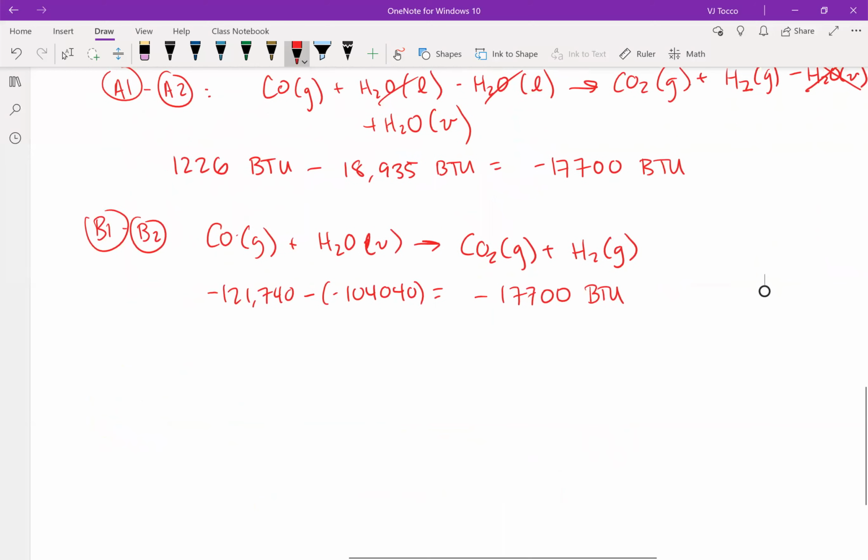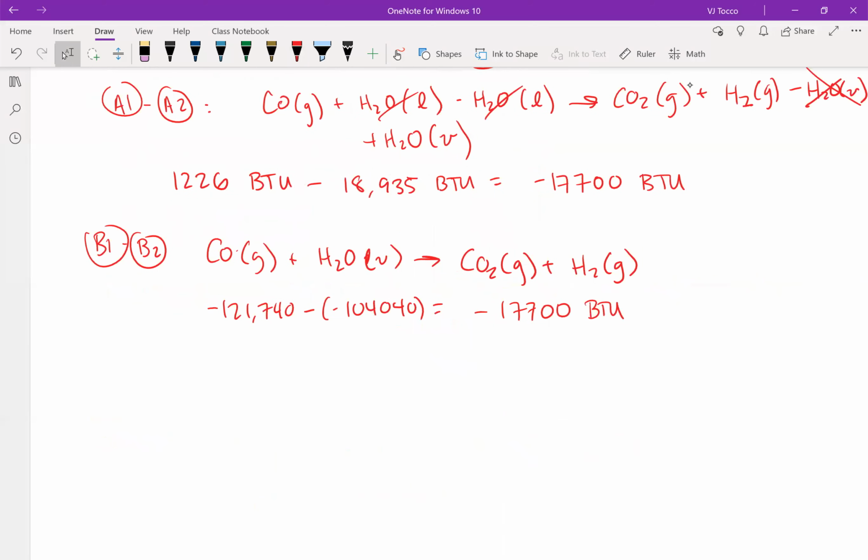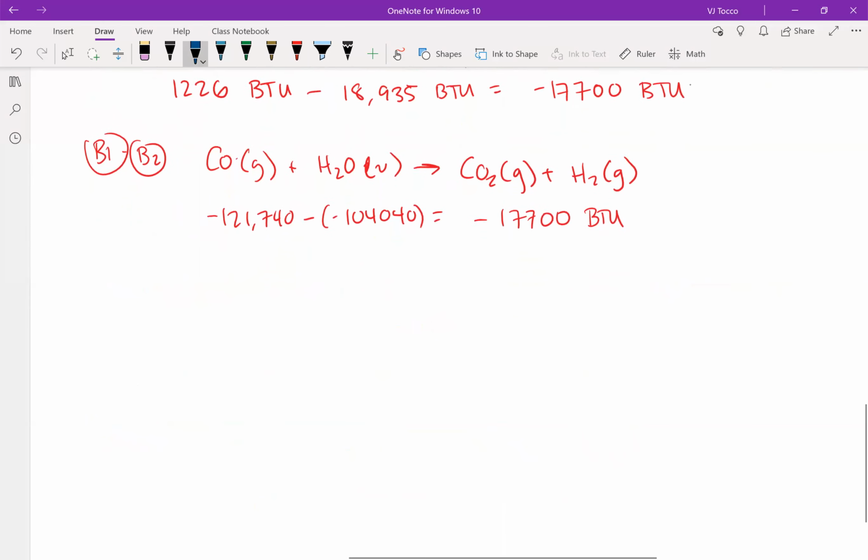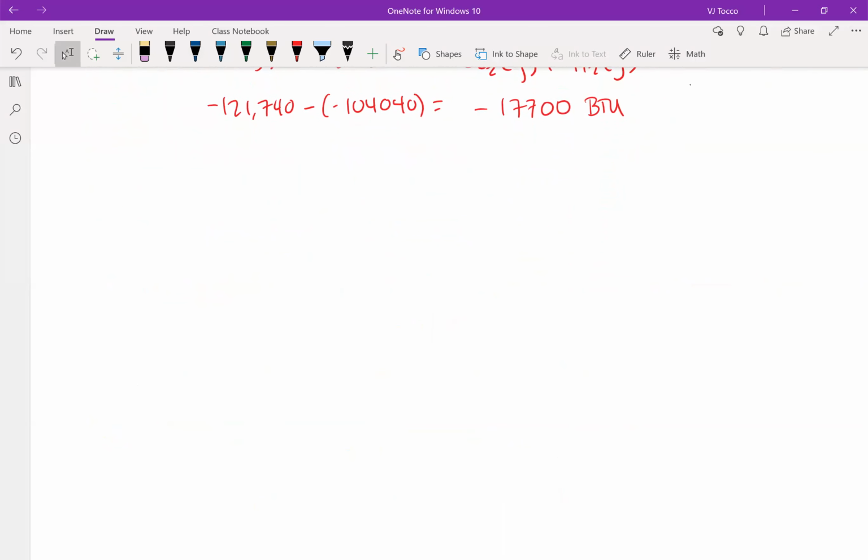All right, let's do another example. Let's do a simplified, more generic example. Let's say I want to know what the heat of reaction for this chemical reaction is: B plus 6E going to 2D. What is delta H_R, the standard heat of reaction?